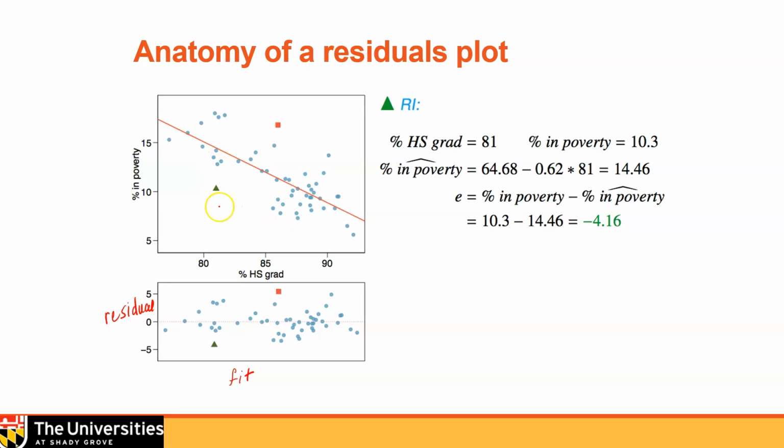Rhode Island is here. When the X value, which is the percent of high school grads, is 81, here is where the residual is. So it's telling me the residual for each value of the X value. Because it's showing you which value of the X value, it's kind of clear to see when you've got something below and something above.